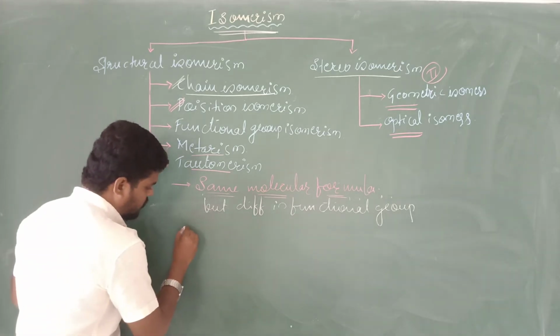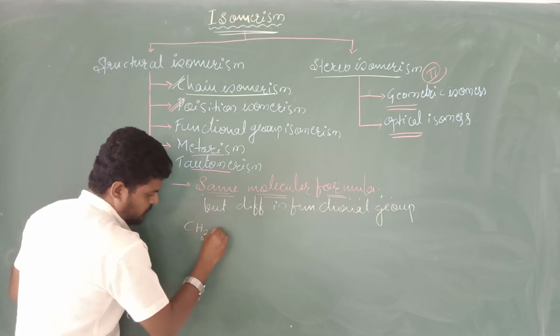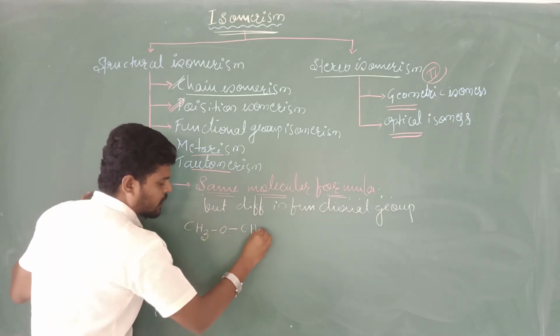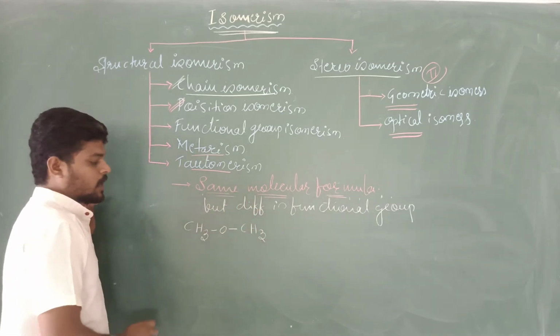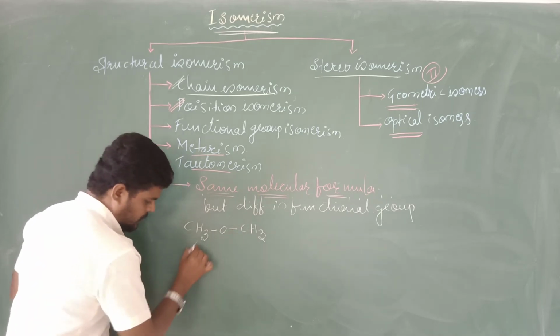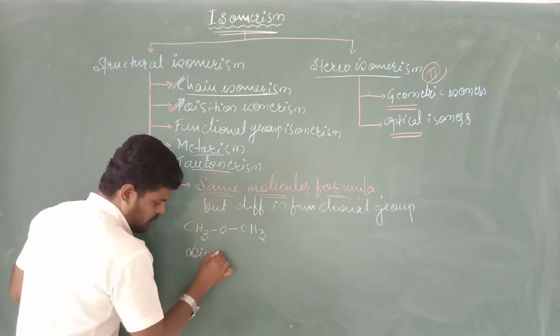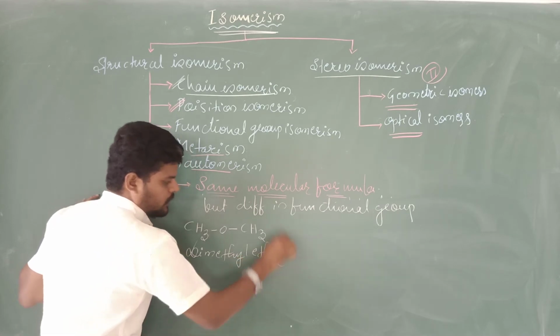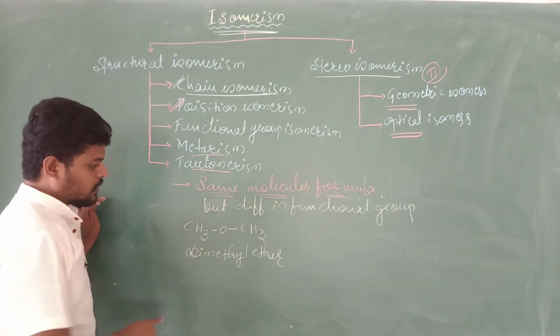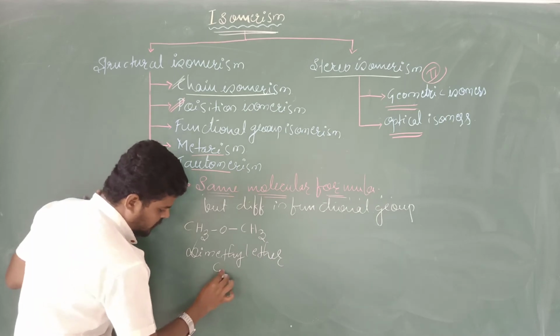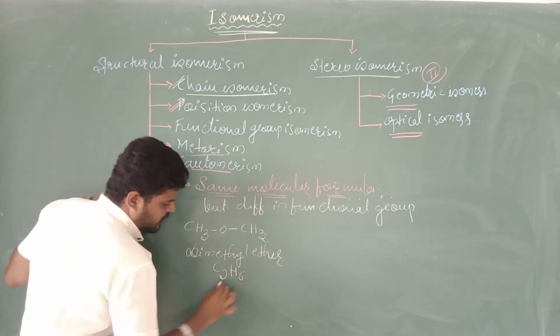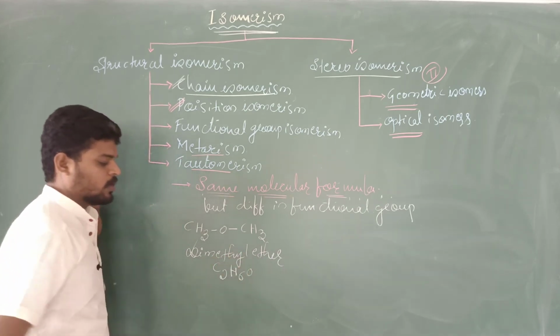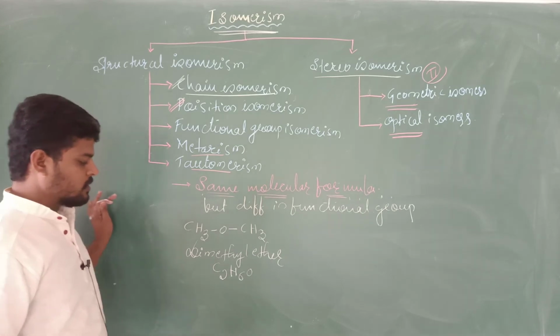So, for example, CH3OCH3, the name of the compound is methoxymethane or dimethyl ether. If you take the formula, the molecular formula will be C2H6O.